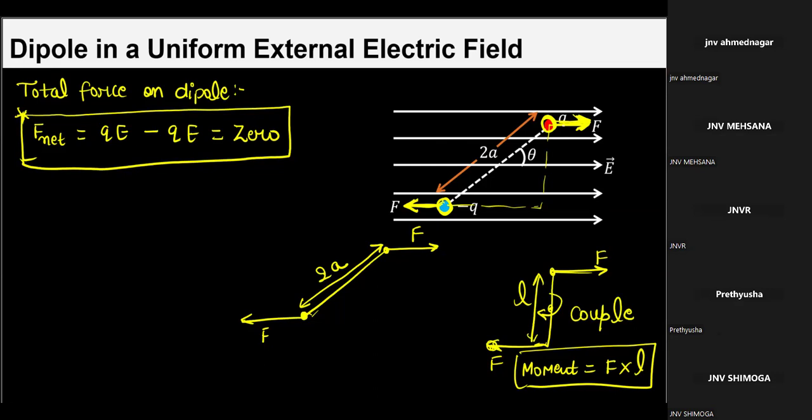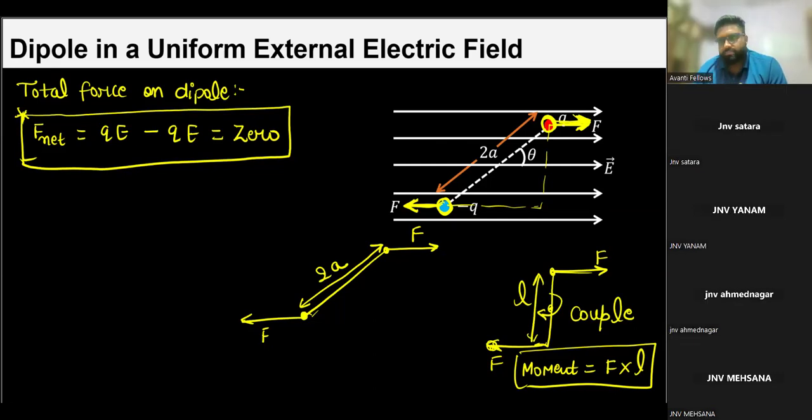Am I audible? Any yes and no? Okay. So tell me, JNV Anam, you are the only one who is responding. So I'll have to ask it to you. Tell me, this 2A is perpendicular to both the forces or not?